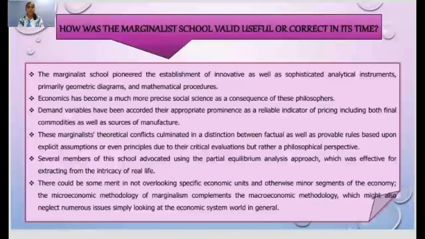This marginalist theoretical confidence culminated in a distinction between factual, provable rules based upon explicit assumptions. They advocated using the partial equilibrium analysis approach, which was effective for extracting from the intricacy of real life.